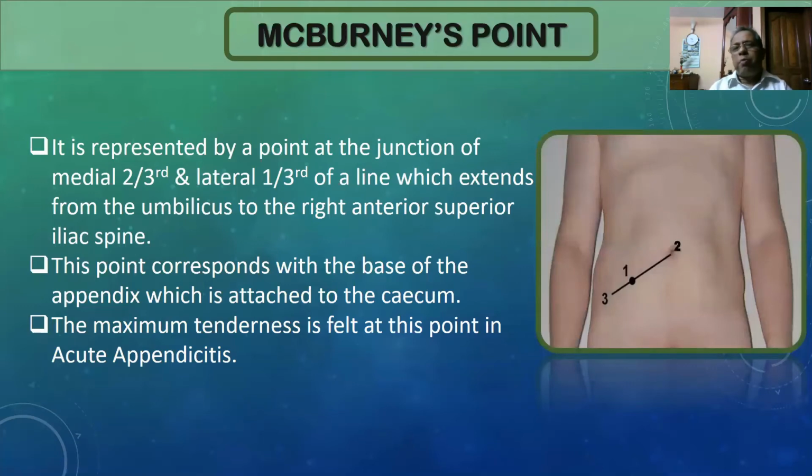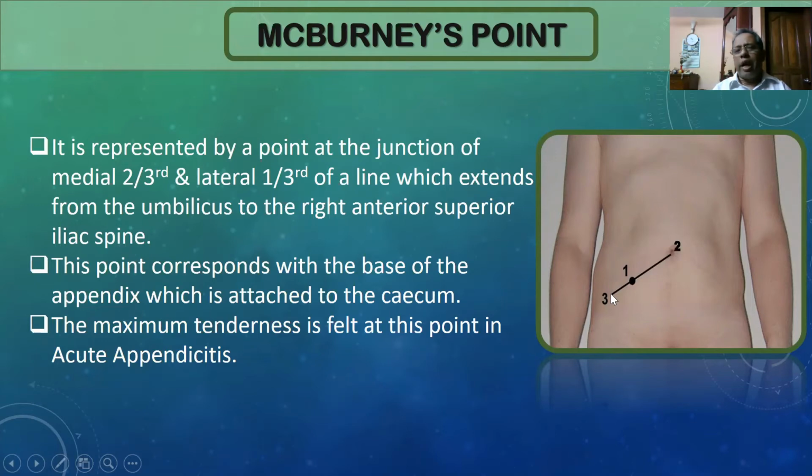McBurney's point. The McBurney's point location is a static point on a line called the spino-umbilical line. There is the umbilicus, and there is the spine, the anterior superior iliac spine.